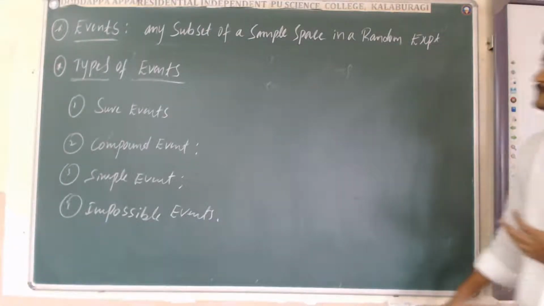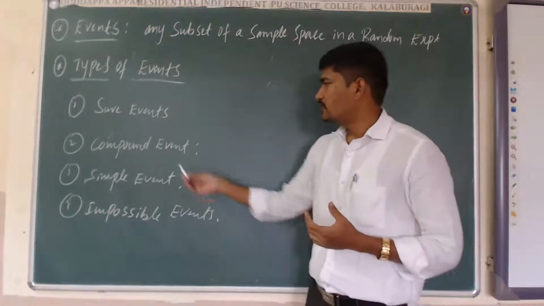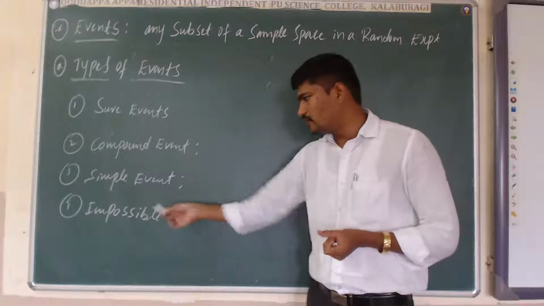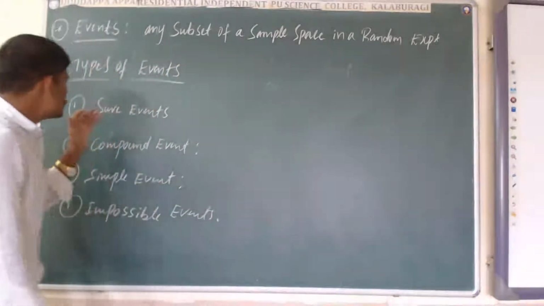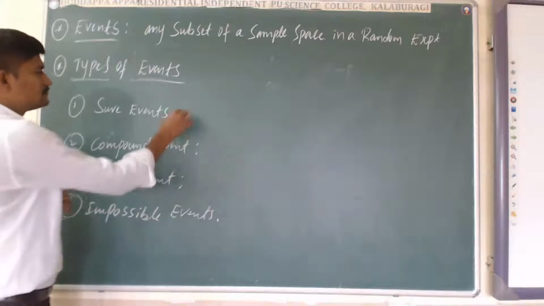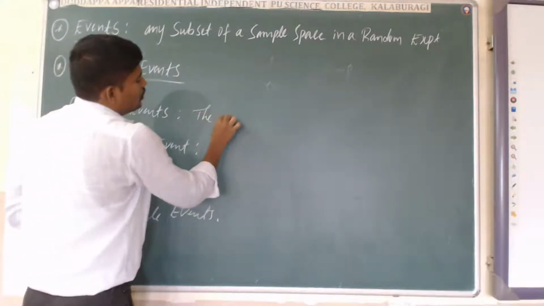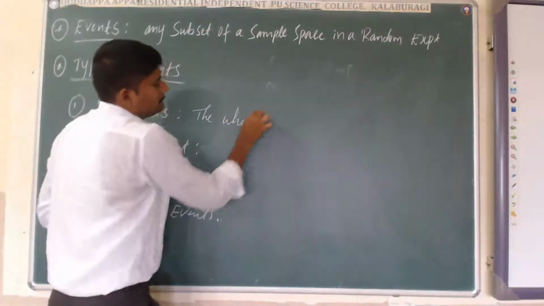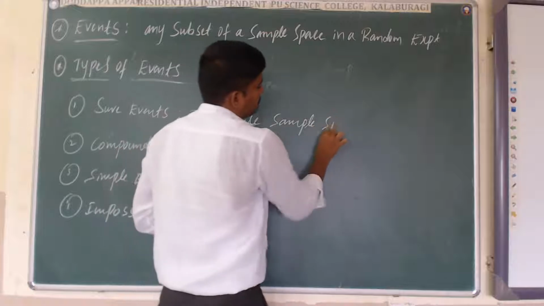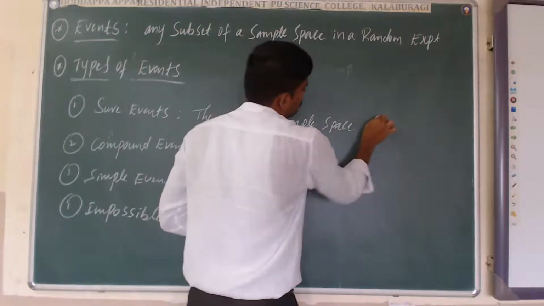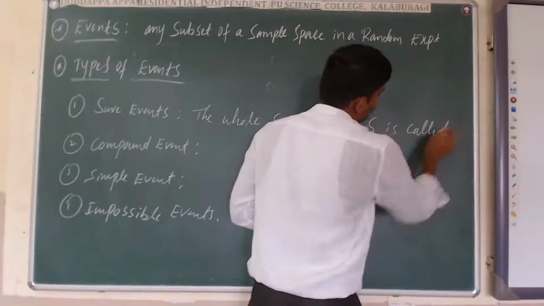So first one is sure events, second one is compound, third one is simple, and fourth one is impossible events. Sure event is nothing but the whole sample space.